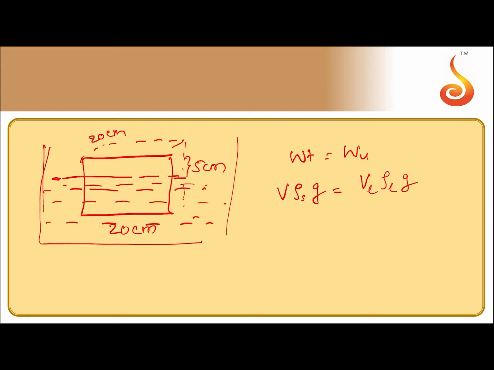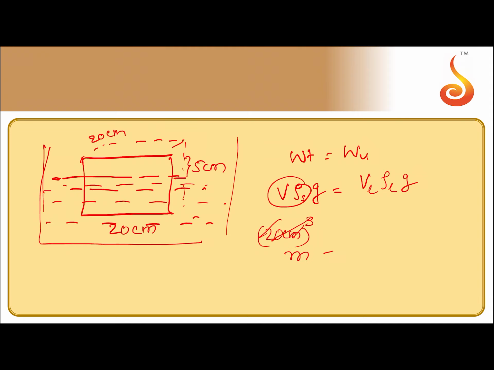So we can simplify it further. This is V, which is 20 centimeter cube into density of solid. Density of the solid is to be found out. We can directly find it out because we don't need this one. So this entire thing becomes M.